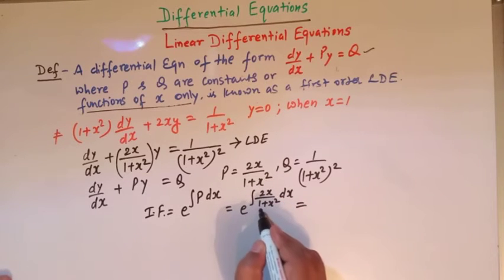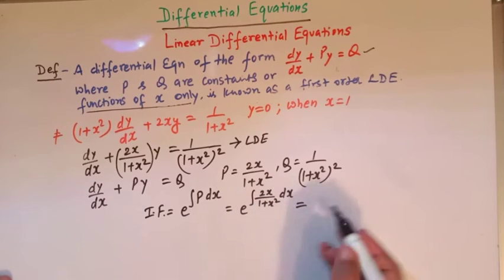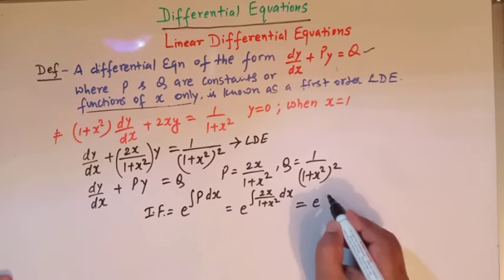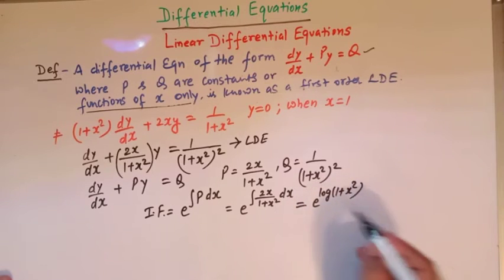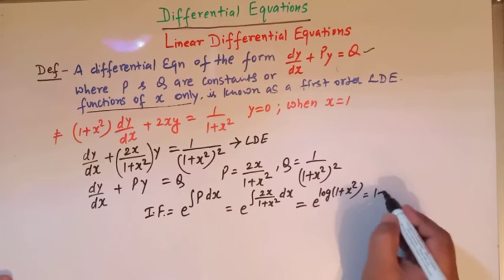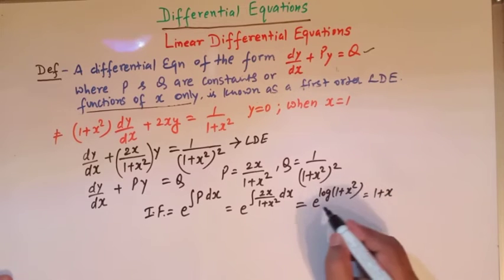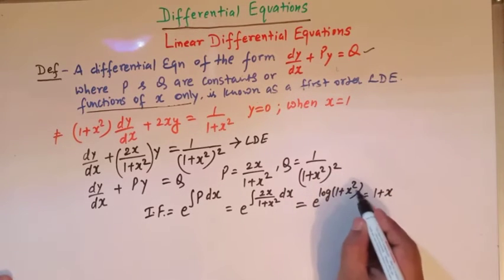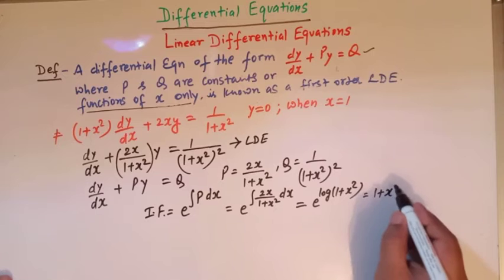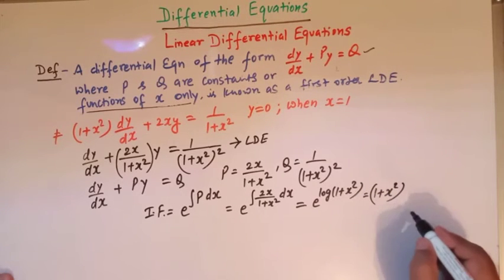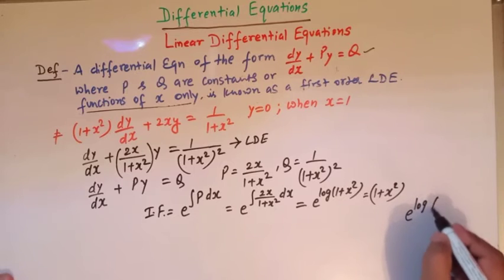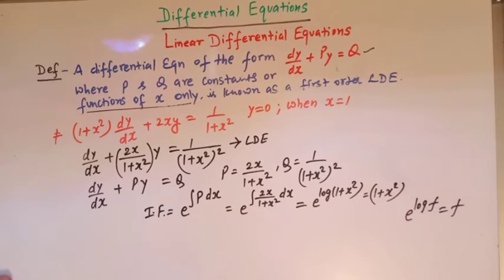The derivative of 1 plus x square is 2x, so this is directly e raised to log of 1 plus x square. Now by the property of the exponential function, e raised to log of f(x) is equal to f(x), so this is 1 plus x square. Clear? So here we have used e raised to log of f is equal to f.